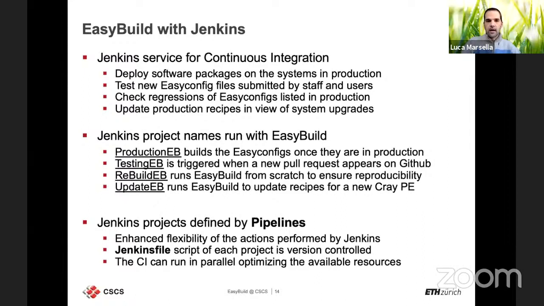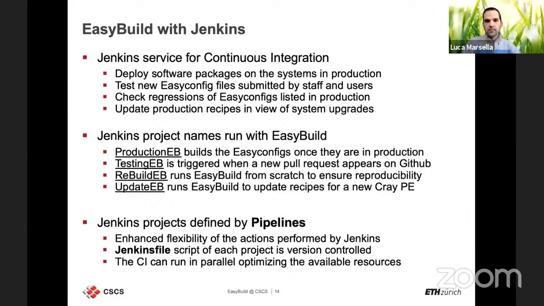And then we have now the update EB project that runs EasyBuild to update recipes in view of a Cray PE update on the system. So creating new toolchains and using the try-toolchain version in order to update the recipes.